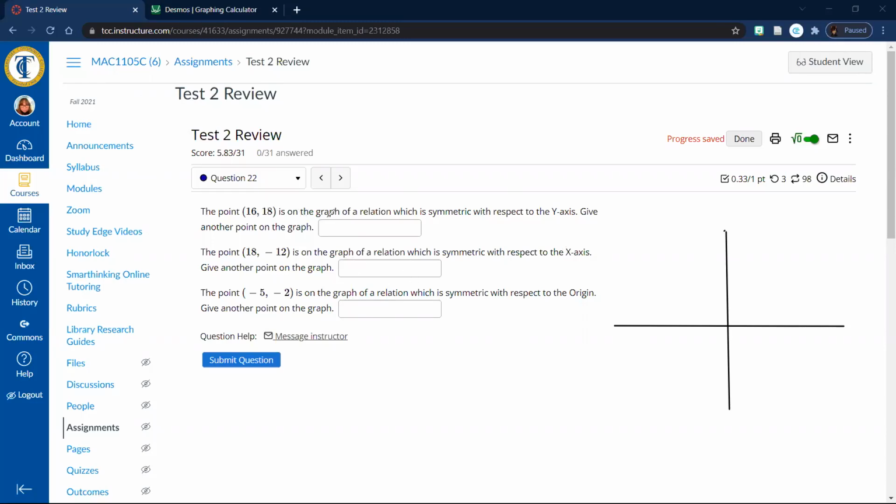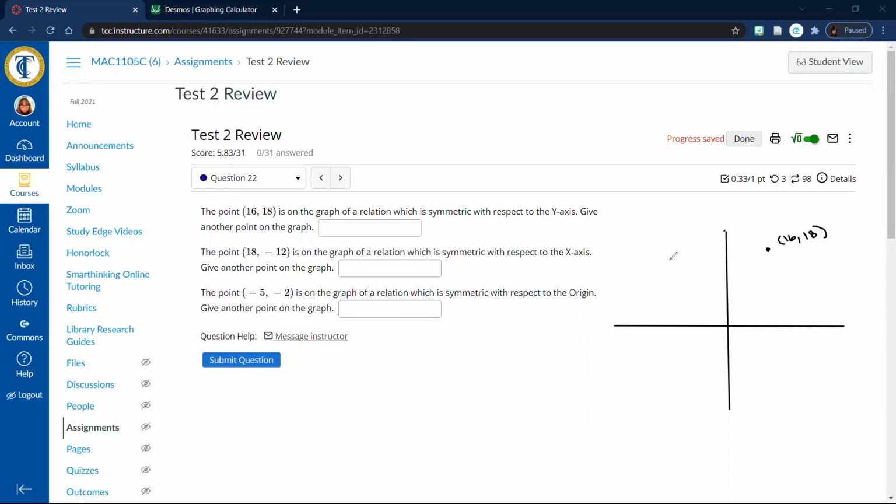If we have 16, 18, and the graph is symmetric with respect to the y-axis, what is the reflective point of 16, 18?